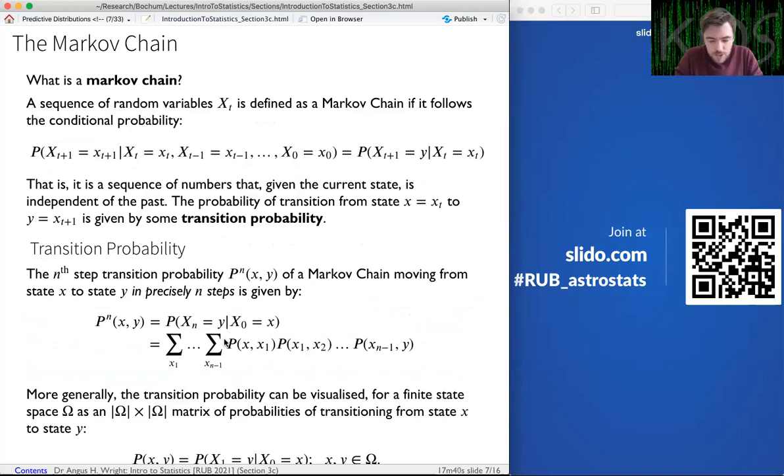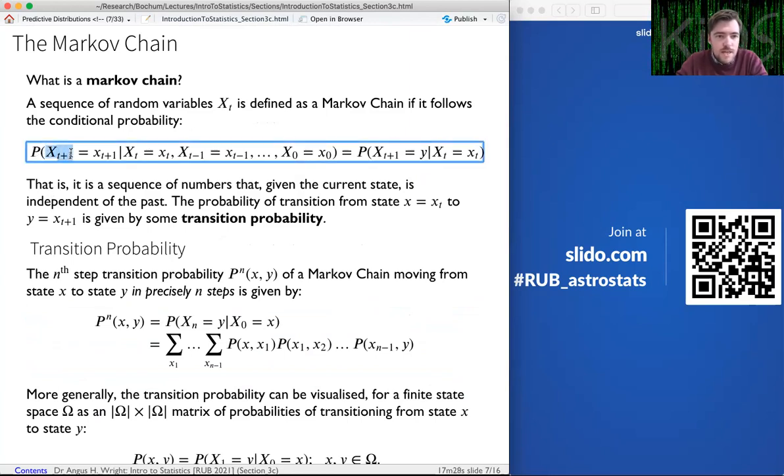A Markov chain is a sequence of random variables that follow a particular conditional probability. And that particular conditional probability is that the probability of the x t plus 1th observation being value x t plus 1, given that the previous observation was x t, and the one before that was x t minus 1, and the one before that was x t minus 2, all the way through to the first one, which was x 0.